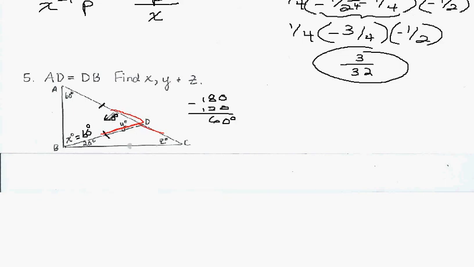If this one is 60, this one must be 120. 20 plus 120 is 140. So we know that these three angles have to add up to 180, so z has to be 40 degrees. So our answers were 60, 60, and 40.